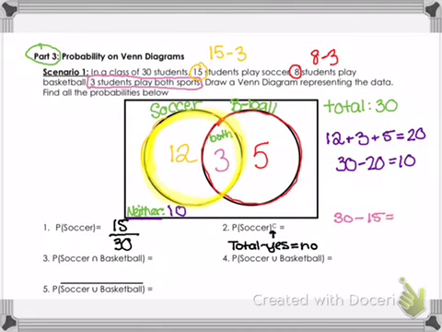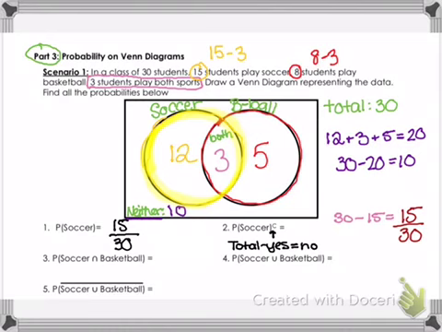So when we do 30 minus 15, we end up figuring out that there are 15 in the no, and then our probability is always out of the total. So this basically means that half play soccer and half do not play soccer. All right, so let's keep going.